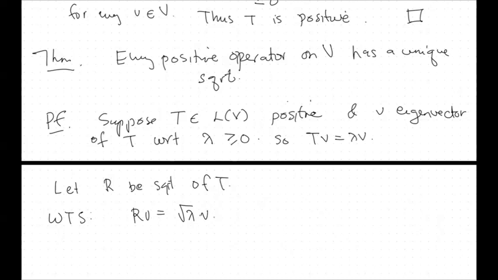This will imply that the behavior of R on eigenvectors of V is uniquely determined, and because there is a basis of V consisting of eigenvectors of T, this will imply that R is uniquely determined. So here we will prove that R of v is this one.